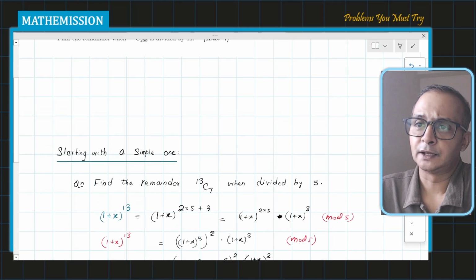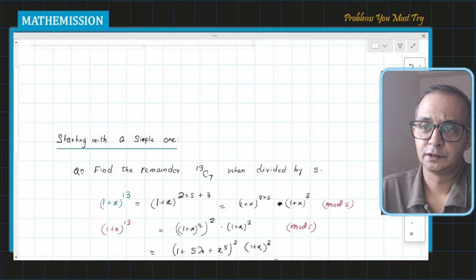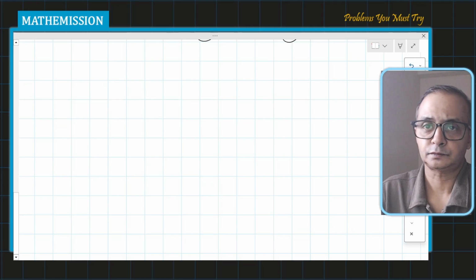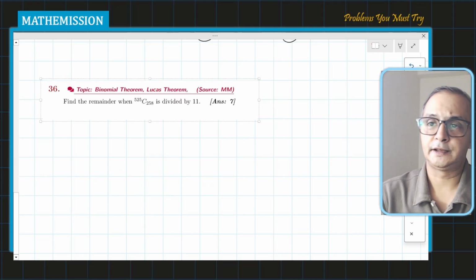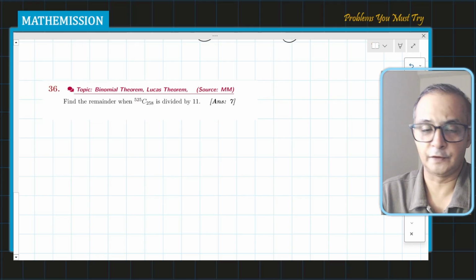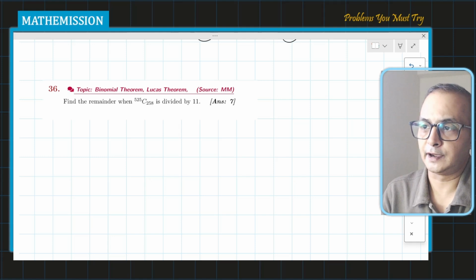Now the similar thing we are going to do in this particular question. So I have this time 525C258. The idea is very simple.